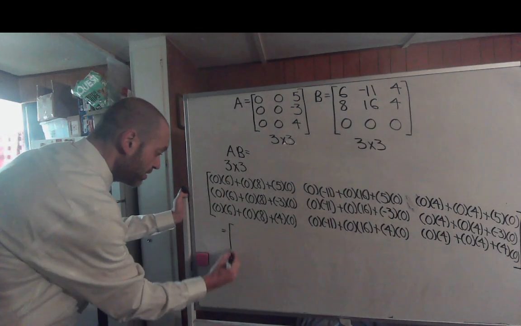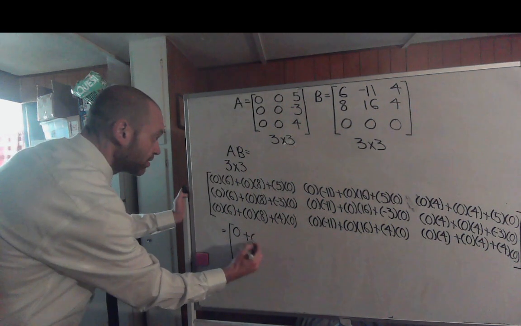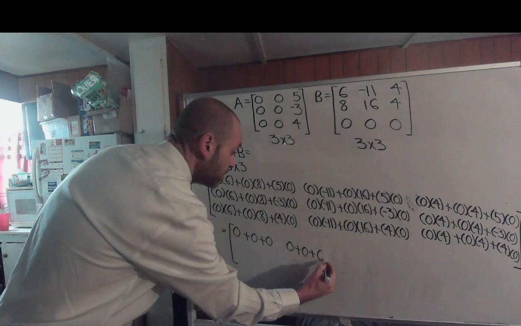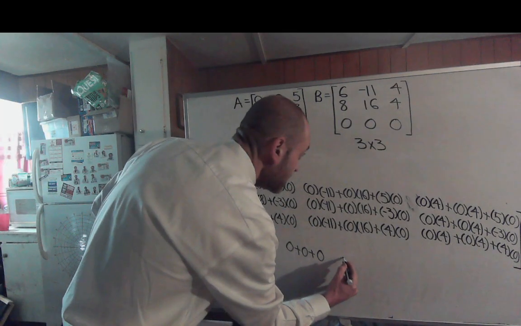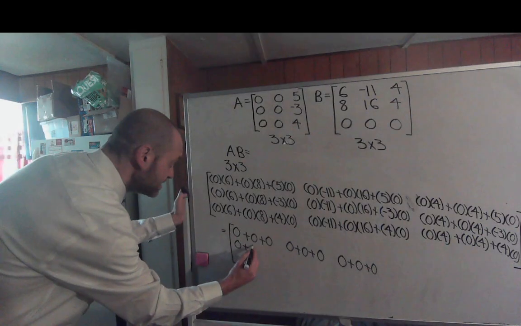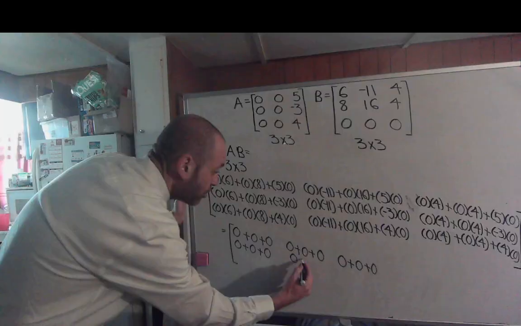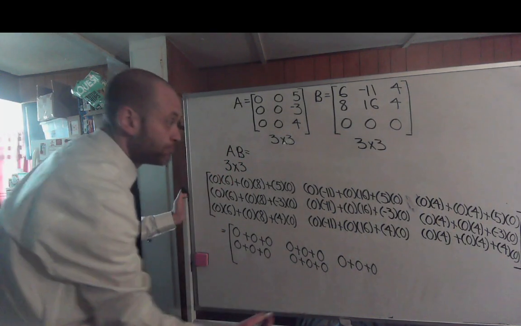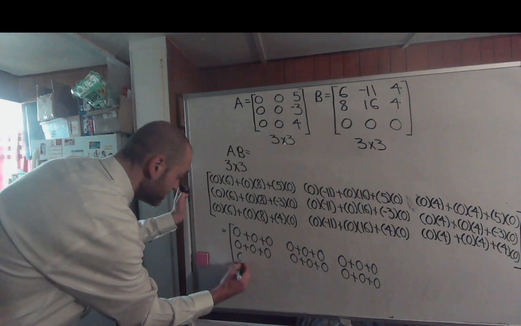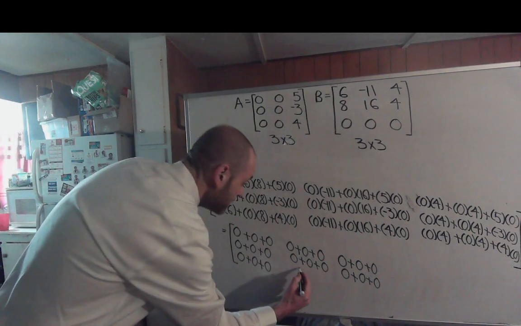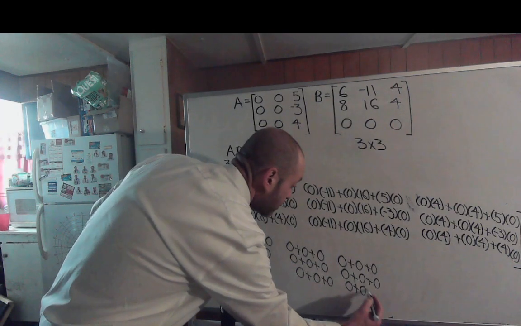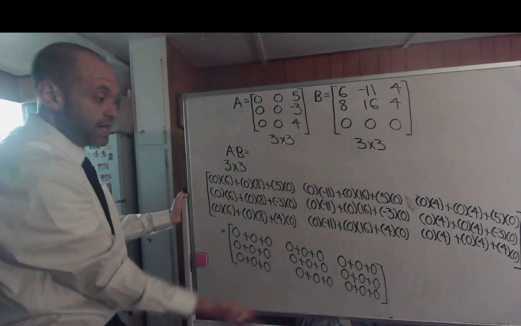Which when we simplify would give us 0 plus 0 plus 0 in every entry, which would simplify into your zero matrix.